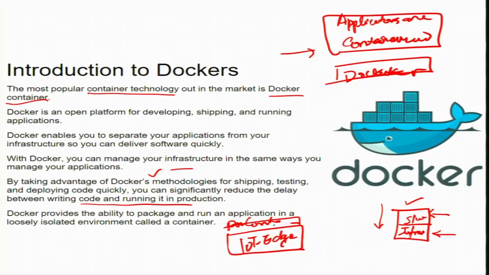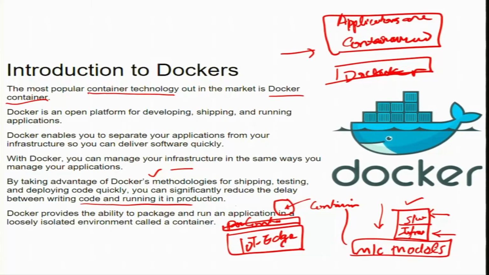That means first Docker will be running on the IoT edge hardware, and on top of it the containers will be placed and run. If you want to run machine learning on the IoT edge, then the machine learning models need to be containerized, and once containerized, they can run as a container on that IoT edge.